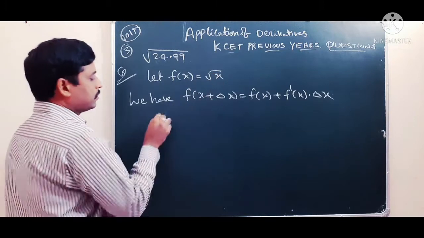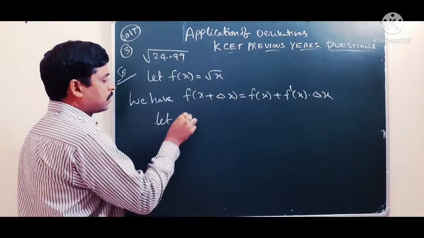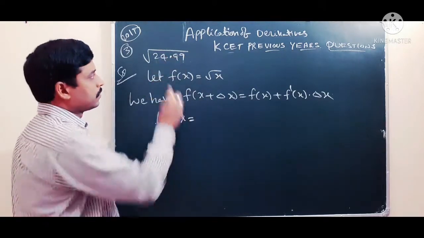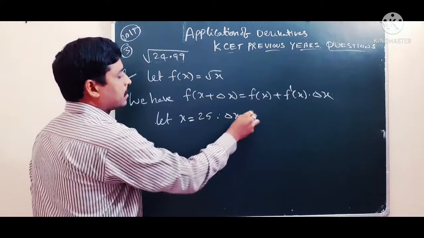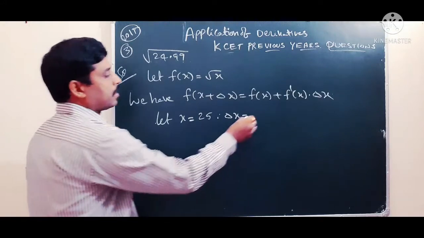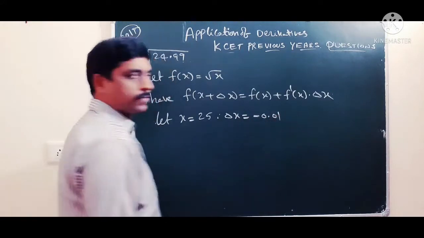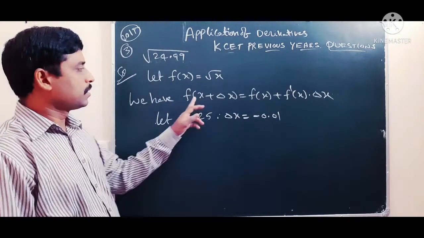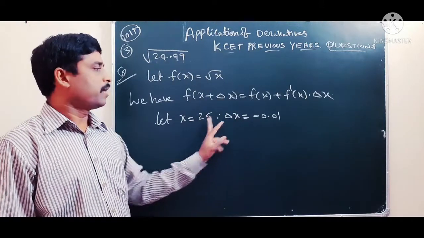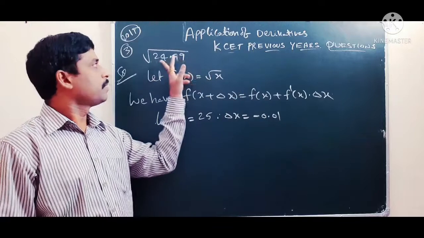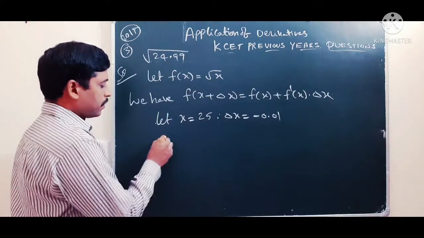So let us take x is equal to 25, square root of 25 value 5, and delta x is equal to minus 0.01. Let us simplify x plus delta x: 25 minus 0.01 will be 24.99.